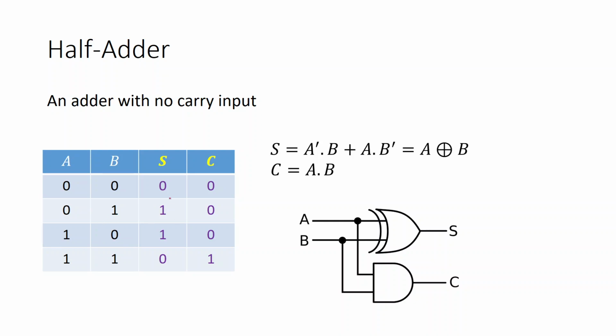Min terms, those whose outputs are 1, only those we are taking. So A dashed B and A B dashed. So this is basically a XOR gate, and for the carry we have simply A into B. So it is basically a AND gate. So this is the circuit for the half adder, very simple.